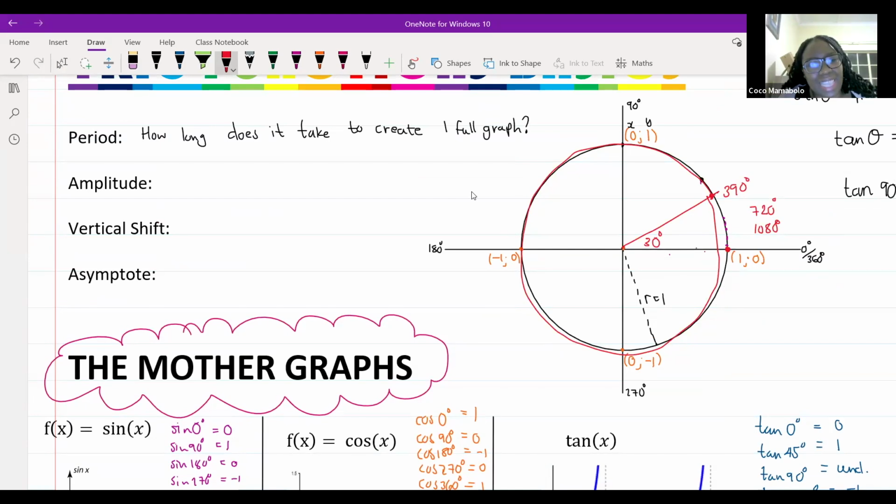I should end up with the same answer because I'm going to end up in the same place. If I add another 360 degrees, I should end up with the same answer because I'm in the same place. And add another 360 and another 360. Every single time I hit that spot plus 360, that would give me a half.